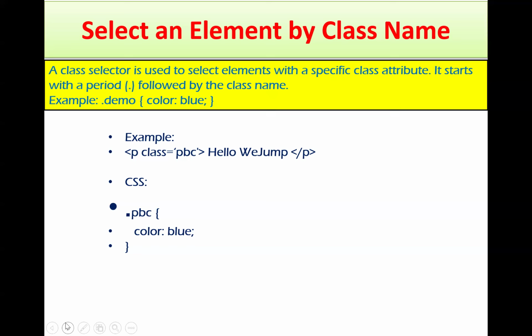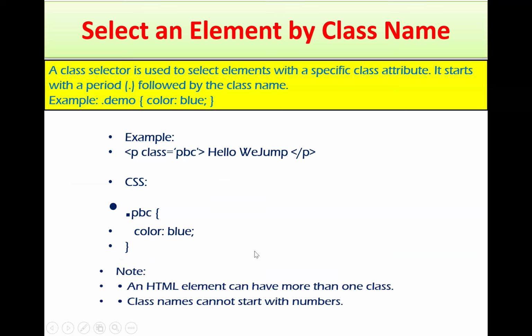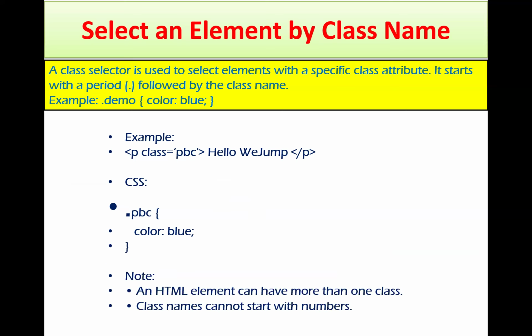Okay, but we have to write the class name, and some rules are there. So what are the rules? See, note an HTML element can have more than one class. We can write more than one class name. For example, a class name PBC is there now. After that, if you want to write any other name, you can write, no problem. But class names cannot start with numbers.